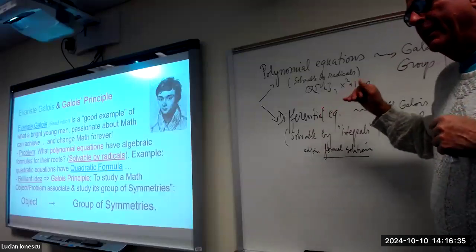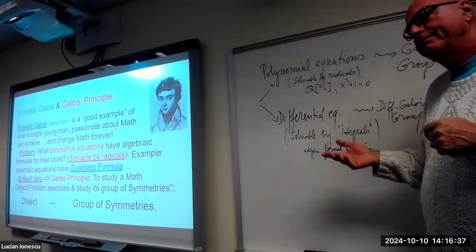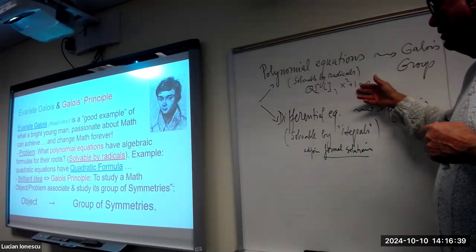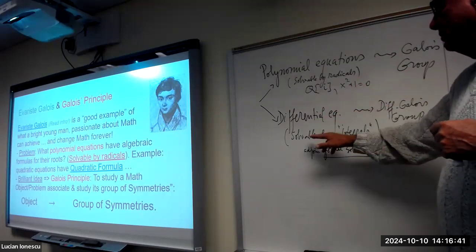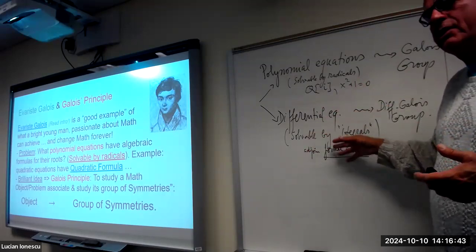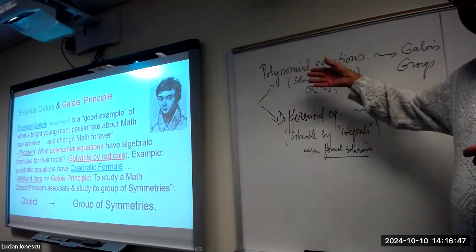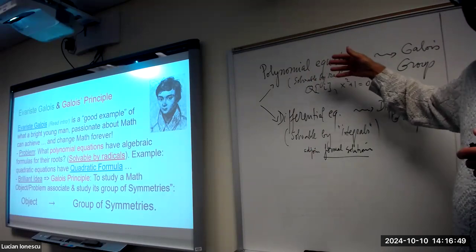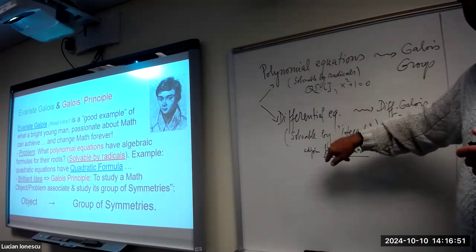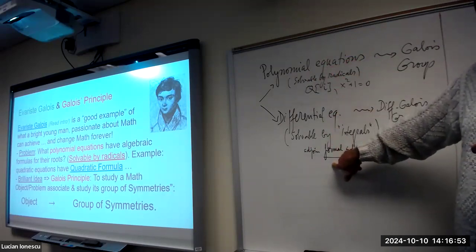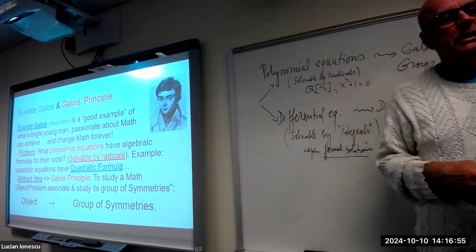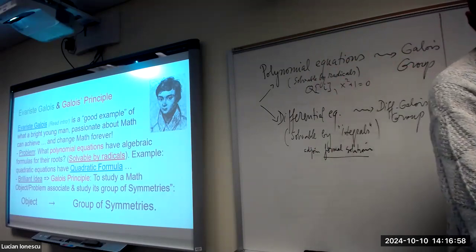So the upshot of this is that later, when you study, for instance, differential equations, knowing about Galois theory and the approach gives you some feedback in a more difficult area. Feedbacks are always useful.